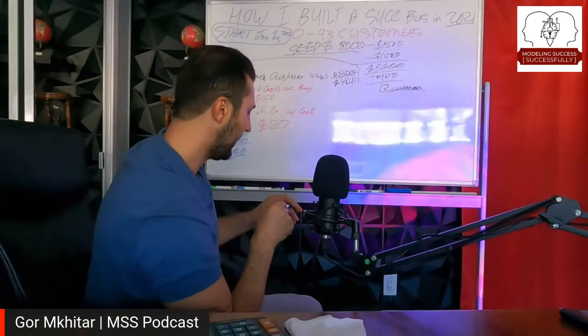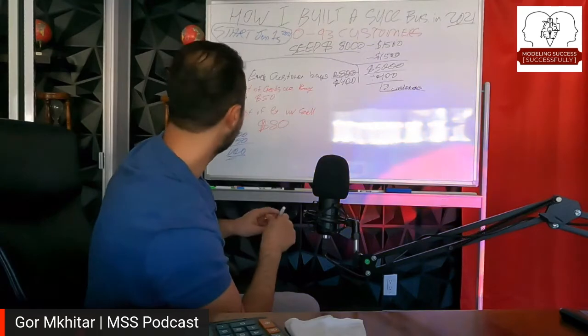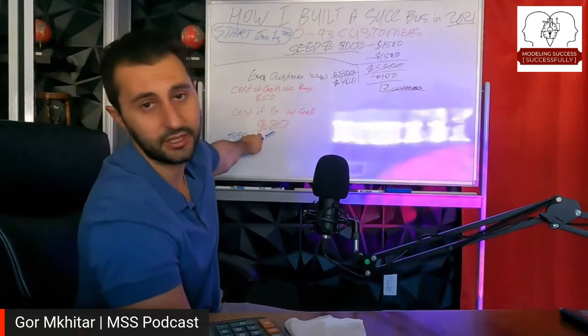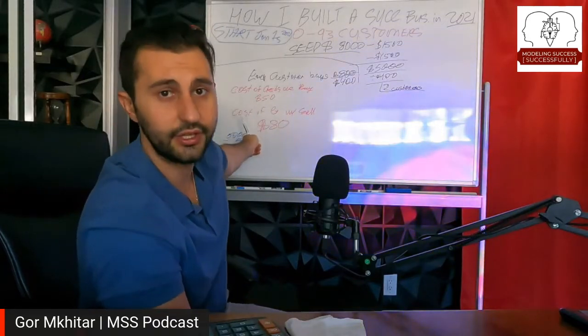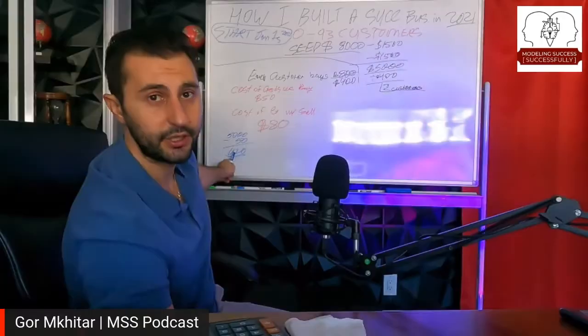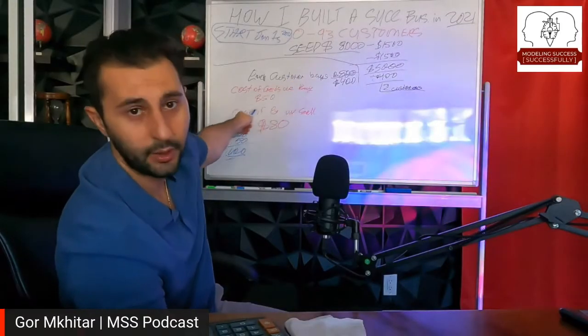Now, next thing you want to figure out is your profit. Your cost is $50. You're selling it at $80, so your profit is $30. Now, how many times are you going to do that? 100 times, because that's how much money you've got.